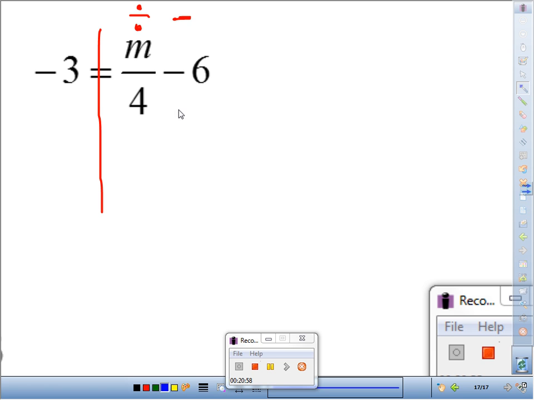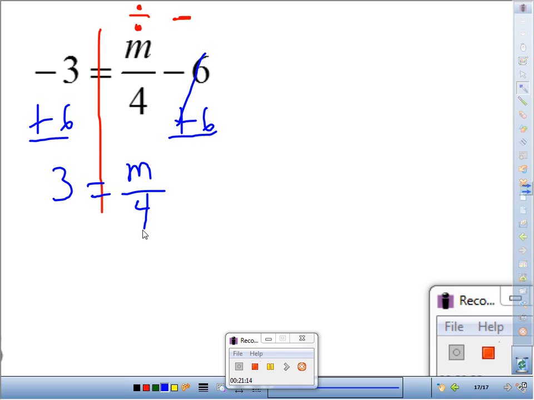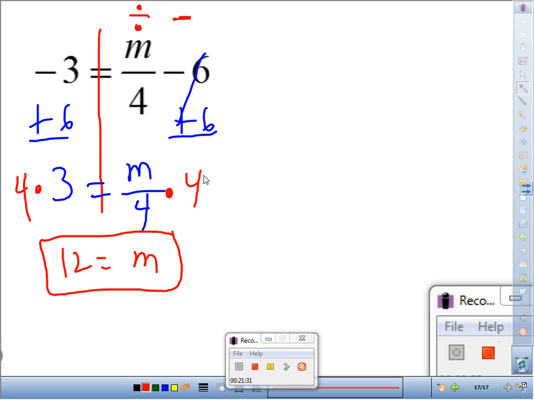So therefore we add 6, add 6. Yeah, inverse of subtraction is addition, right? We're left with 3 equals m divided by 4. So what is the inverse of dividing? Multiply. What'd you get? Who got 12 equals m? That is correct. Pretty good? Everybody see that?